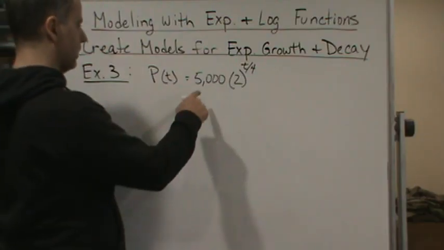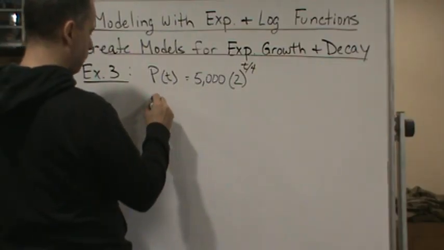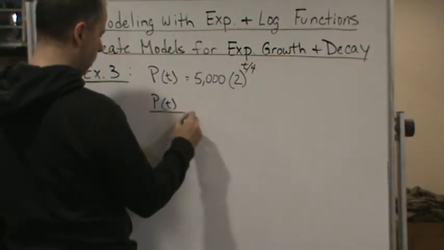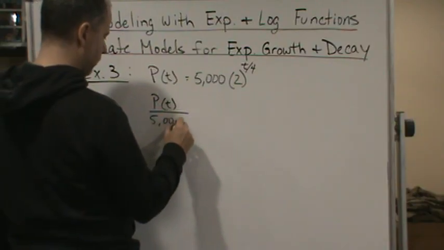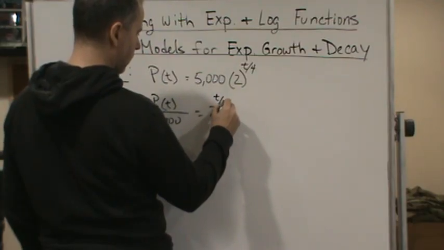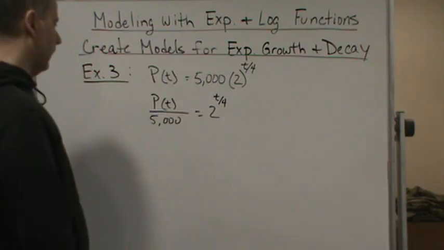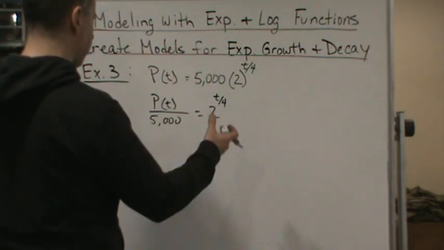Before we do that, let's simplify this. Okay, so we're going to use this as P of T over 5,000. We're going to have that equal to 2 to the T to the 4th. And so now what we're going to do is we're going to raise both of these. We're going to use that property.